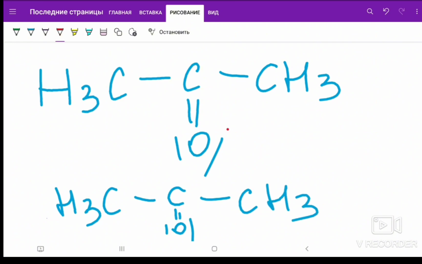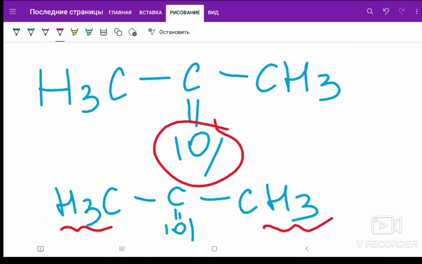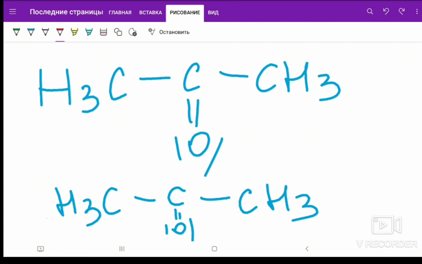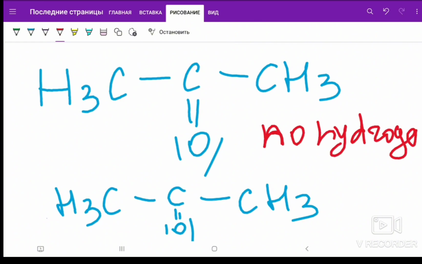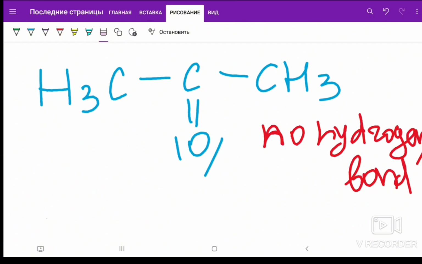For example, between this oxygen and these hydrogens, it's obvious that no hydrogen bond. Why? Let's figure out. Yes, we have hydrogen here, 3 hydrogens. Here we have 3 hydrogens. Here we have oxygen. So hydrogen and oxygen both present.